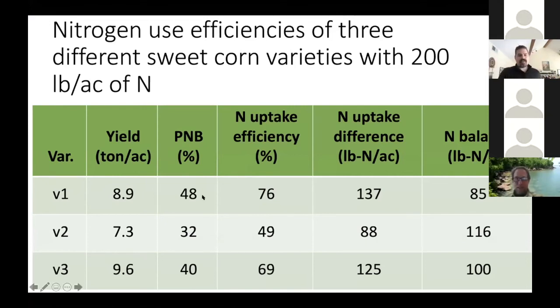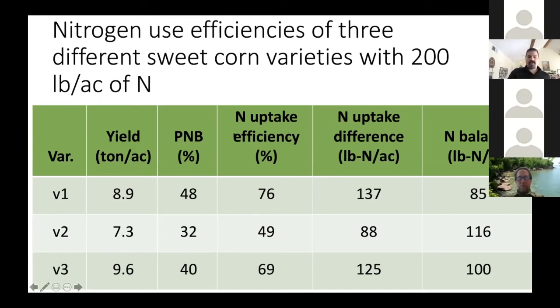In this case, we're getting this range of 30, 40, maybe close to 50% of the nitrogen that was applied is removed. So these are much lower values than we would get with field corn, right? The total amount of N that's physically removed from a sweet corn field, even under high yields, isn't as much as in a corn grain field.